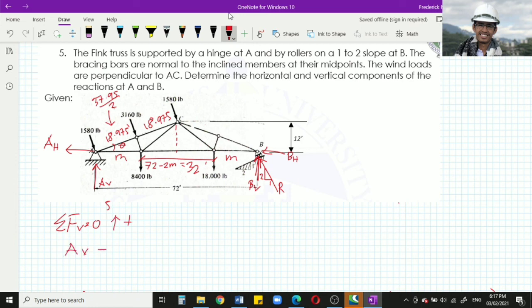minus, so yung vertical components ng 1580 natin, so yung slope nito, kunin natin yung slope nito. So this will be 3:2.